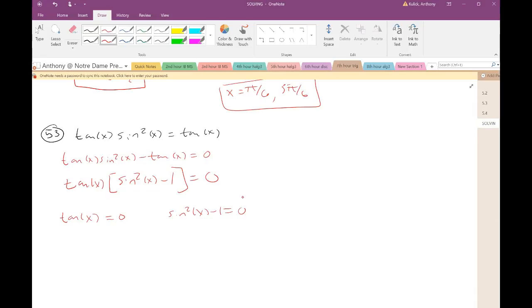Tangent of 0 is a unit circle value. I'm looking for where the y-coordinate, the sine value, is 0. That happens at 0, and then again at pi, and then again at 2 pi. But I'm not going to write 2 pi down because the instructions say I'm looking for my solutions not including 2 pi, right? So I have those.